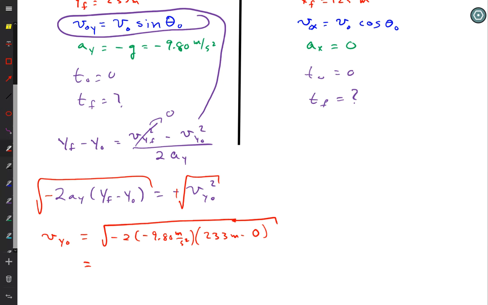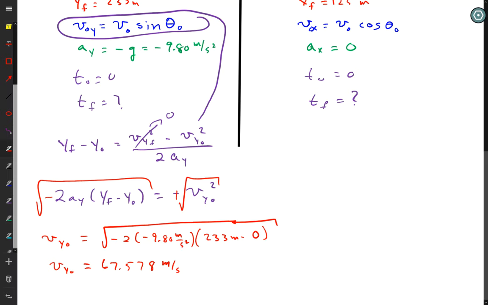And of course, I don't know the number off the top of my head. I'm waiting for somebody to tell me. 67.578 meters per second. Yes, we only have 3 sig figs. I put the numbers in right.